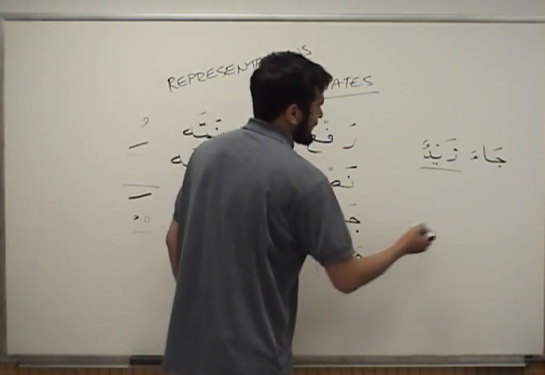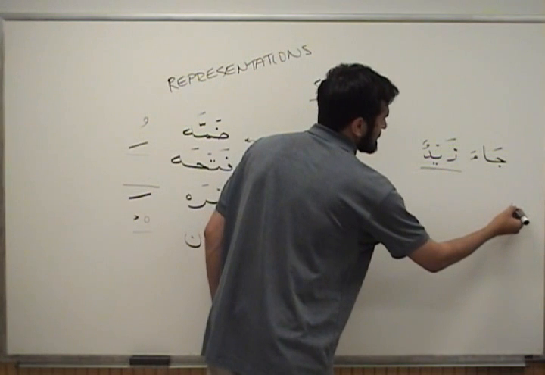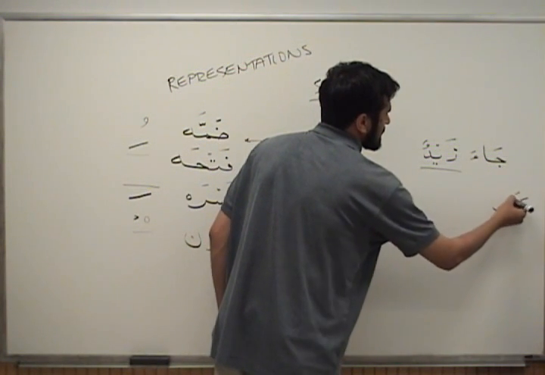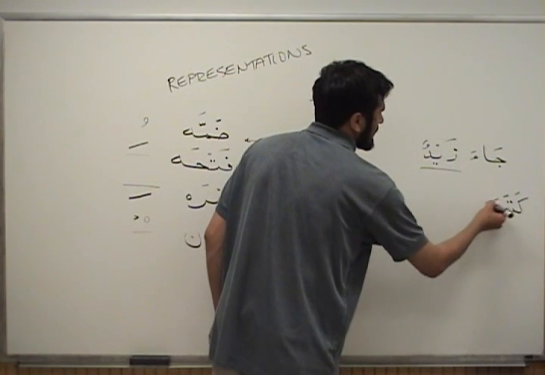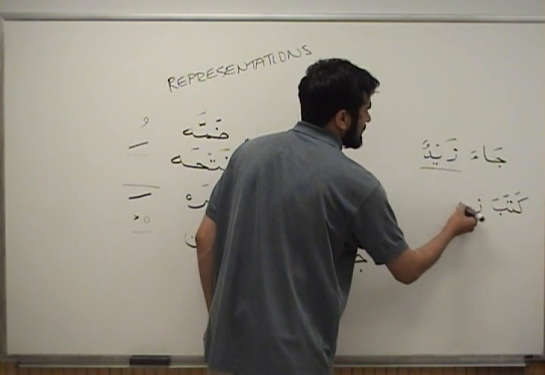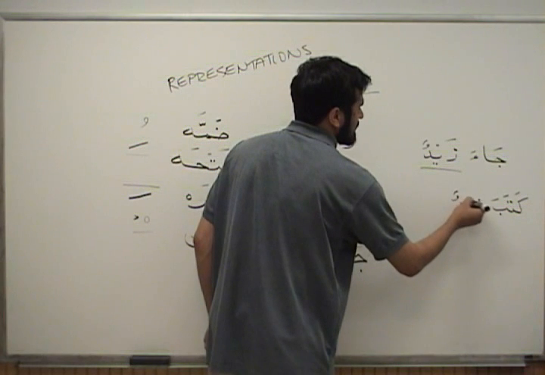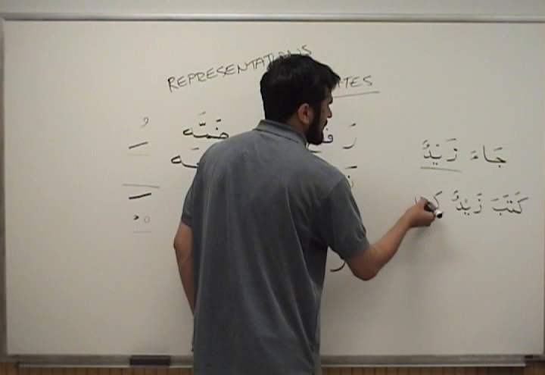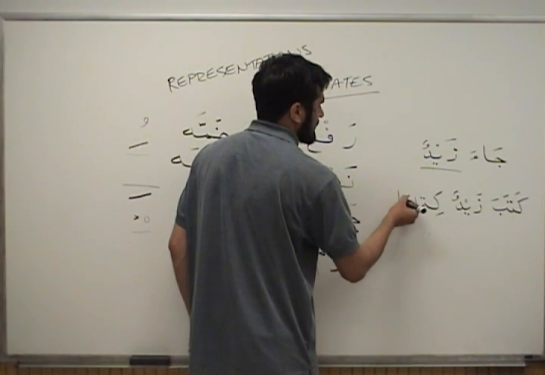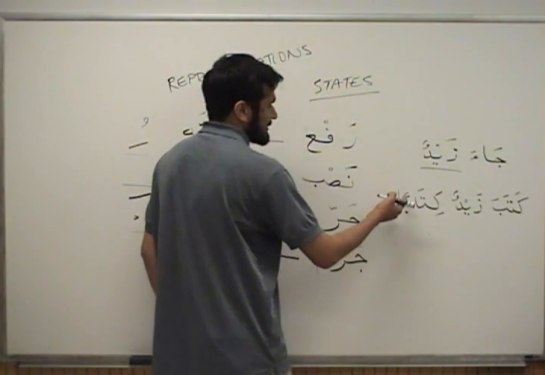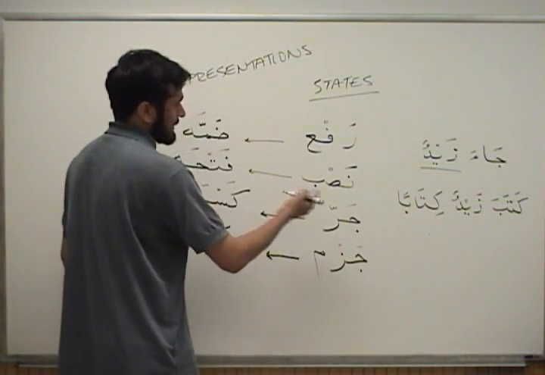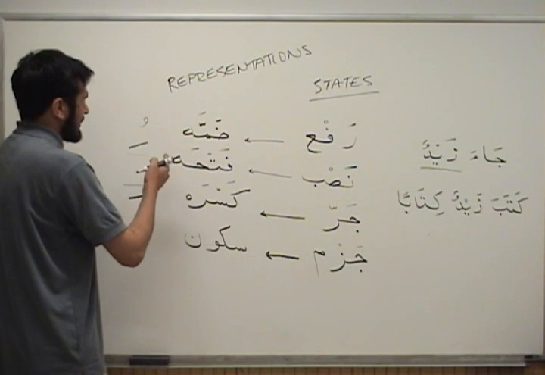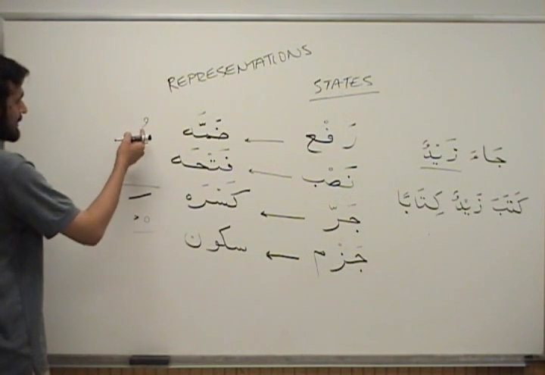An example of Nasb would be Kataba Zaydun Kitaban. So this Fatha, or two Fathas at the end. Remember when we talked about Dhamma, Fatha, Kasra, it could be one or double.